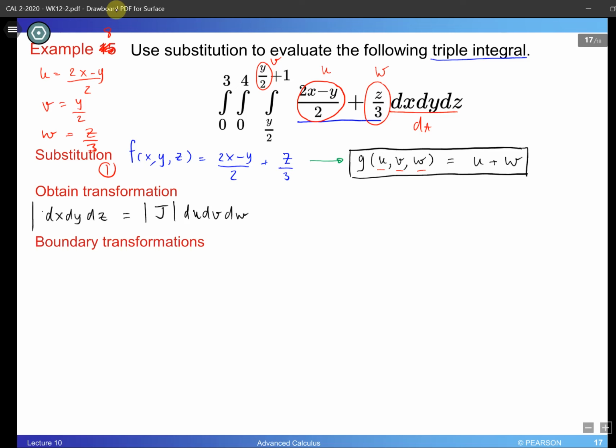Okay, a little bit different from example 6 and 7 in the way that we have one more variable for both the original and the new ones. Okay, so once again we need to find this Jacobian, and we are going to start by constructing the vector function that connects the original variables x, y, z to the new variables u, v, w, and it's going to be the same form.